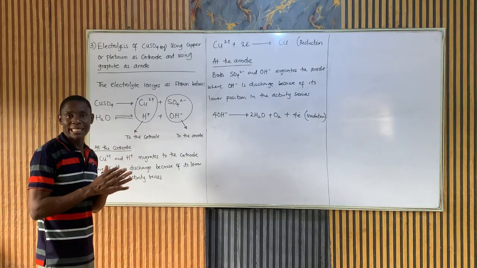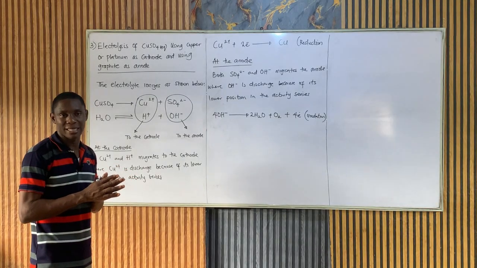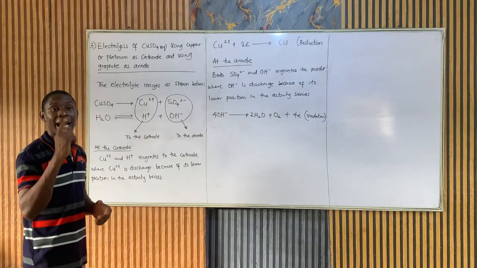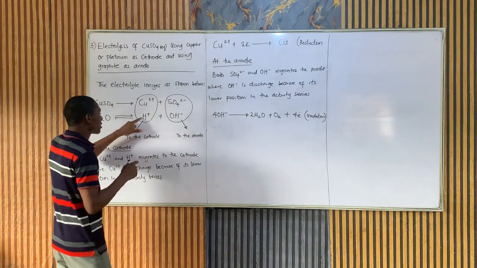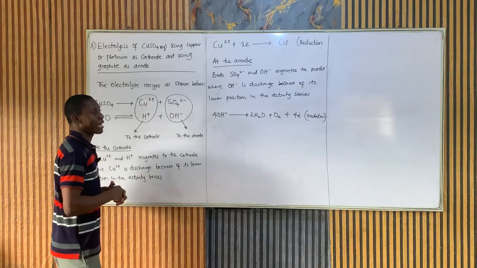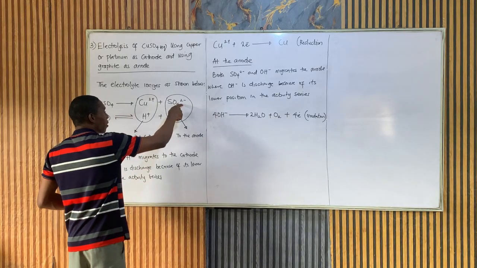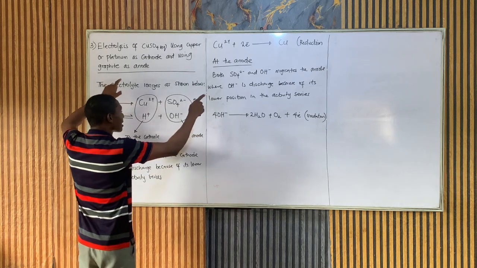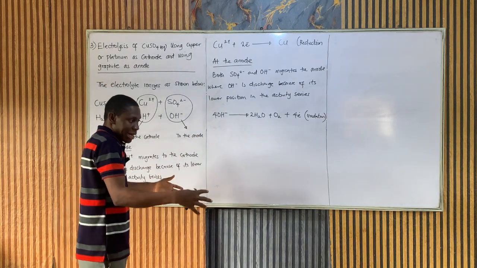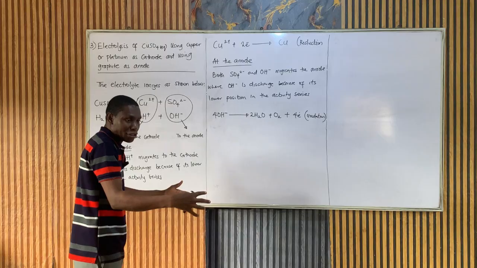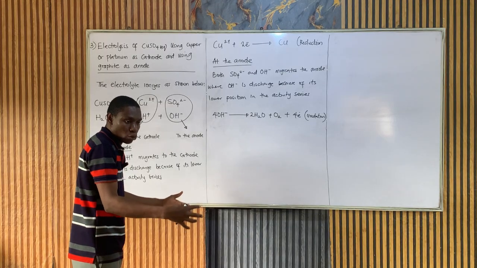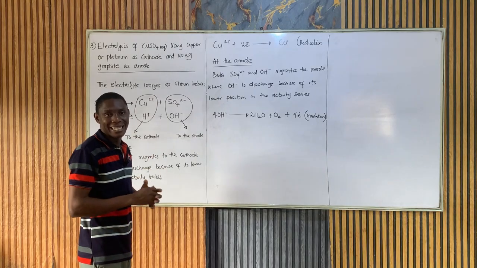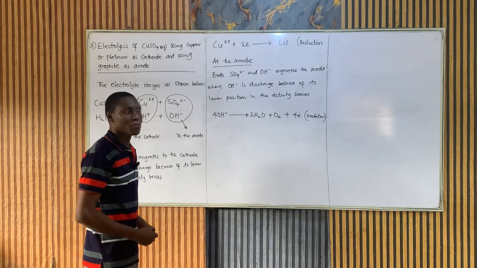C, the electrolyte becomes more acidic. And D, none of the above. The answer is C. And that's because hydrogen returns back to the electrolyte, and then SO4 returns back to the electrolyte, while only copper and OH are discharged. So at the end of the day, hydrogen ion and SO4 2- are gathering in the electrolyte, and the two combine to give you H2SO4 acid. And because of that, the electrolyte over time becomes more acidic.